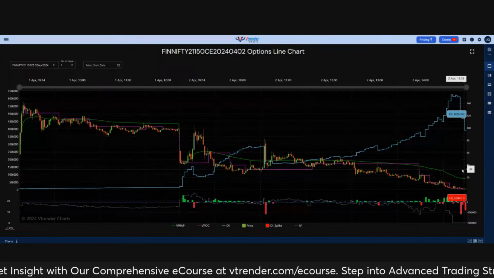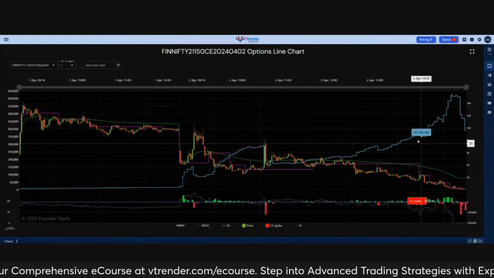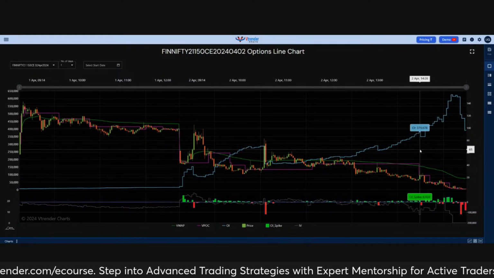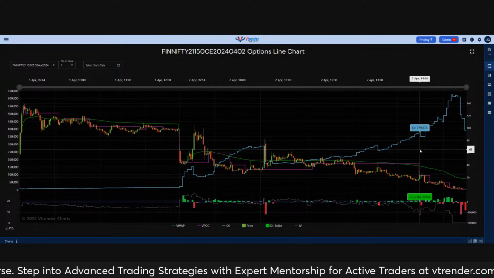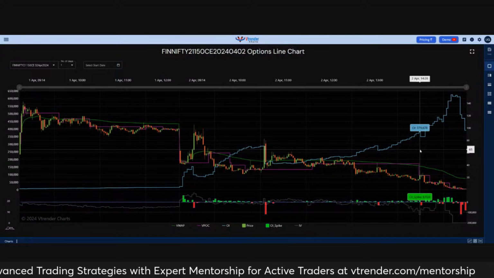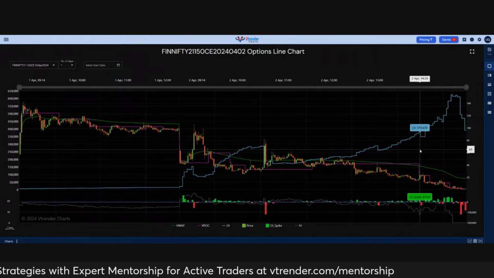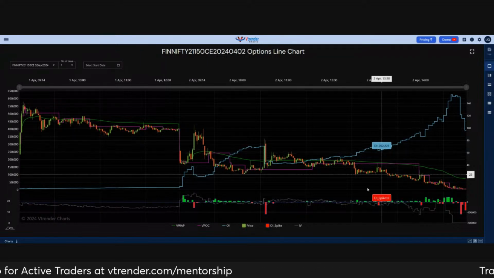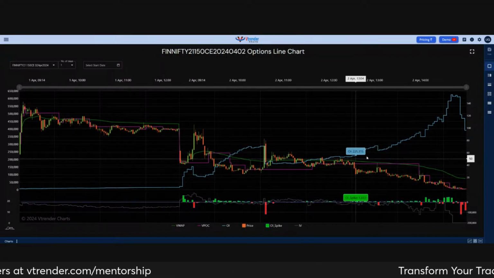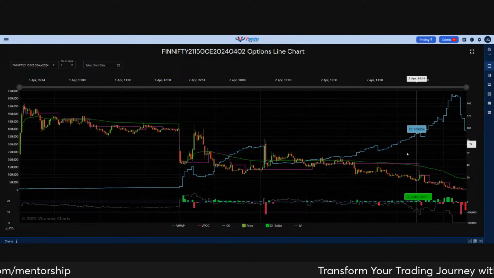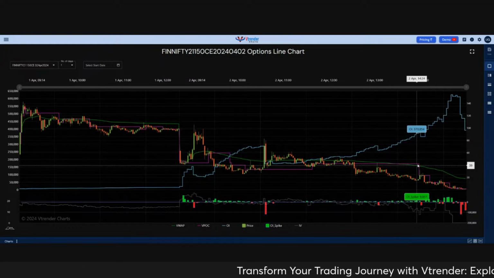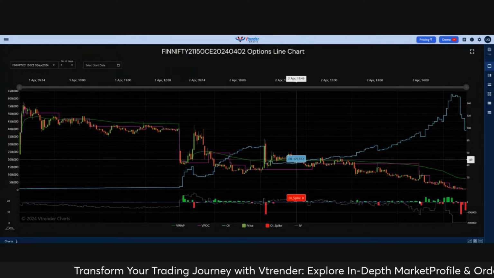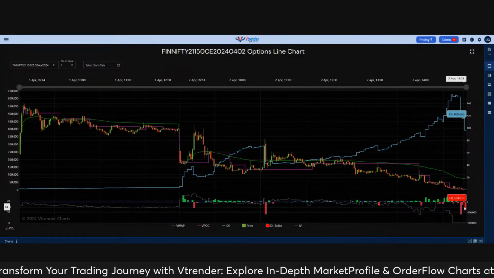When that happens, we can get into this option for a Dukan trade, either the 21,150 call or a 50-point lower call, which is the 21,100 call, for the probable squeeze higher into the close. So here you can see even as this OI kept moving up, the POC and VWAP were always above the price of the option. And in the end, these OI spikes are only profit booking.